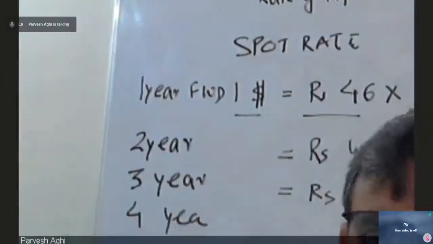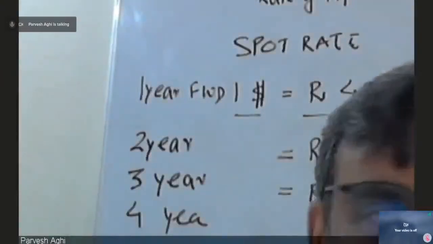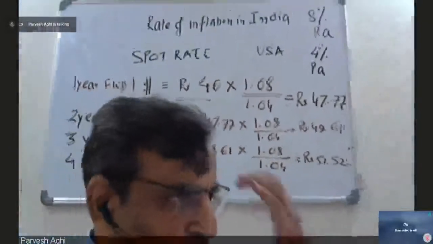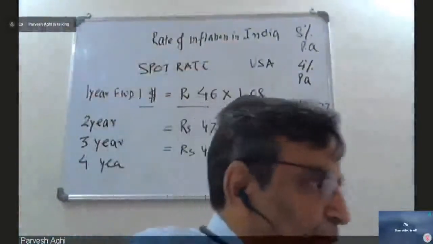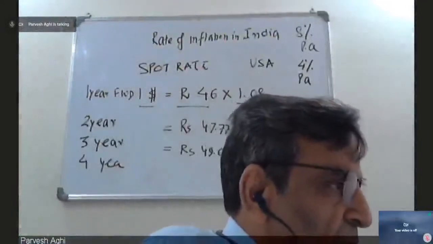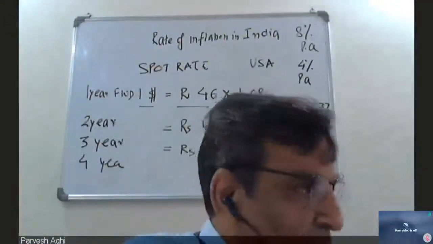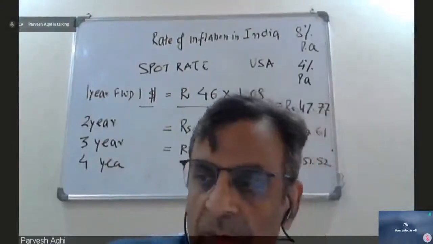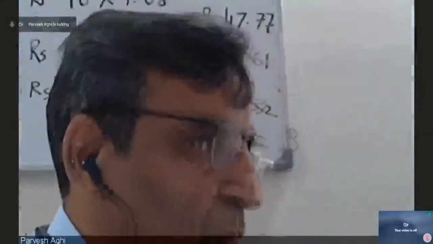Can you just give me the answers, some of you, in 1 minute, and then we'll go for a break and come back at 8:45. So what is the rate for the 4th year? Please give your answers, some of you.